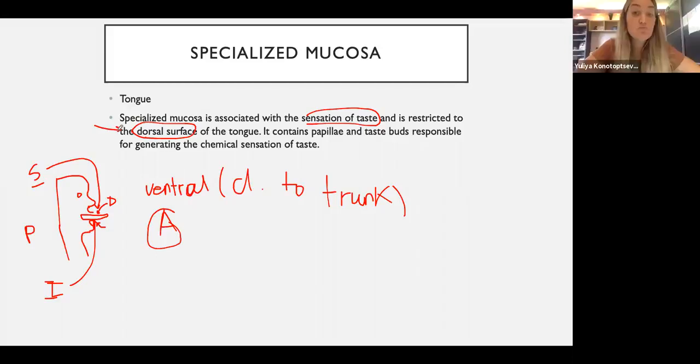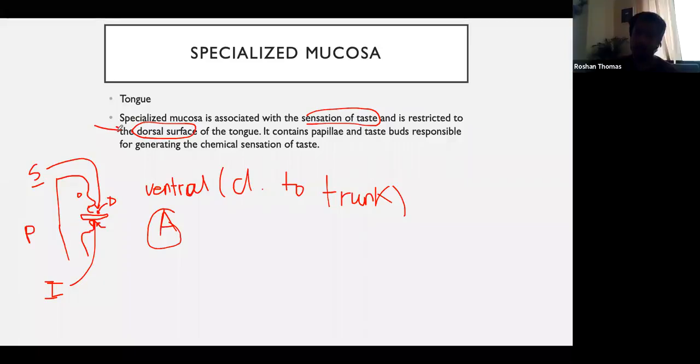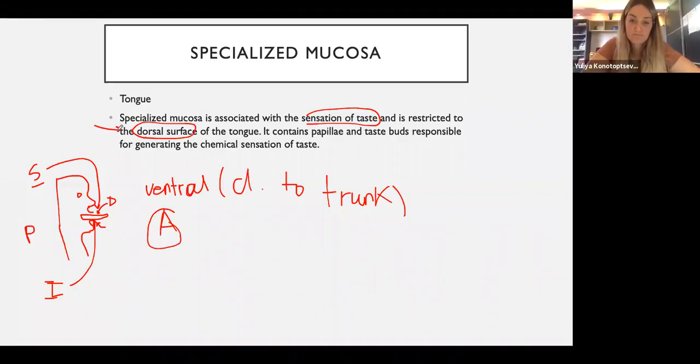So which mucosa is on ventral? Lining. Perfect. Lining mucosa. And where do the two mucosas meet? They meet at the tip of your tongue. The tip of your tongue, this is where the two mucosas come together.